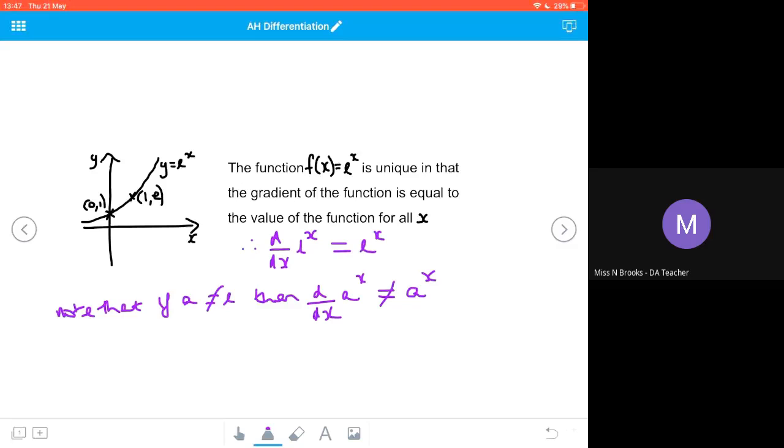And that's where a is any number not e. Because when it is e, then the derivative of the function does equal the function.